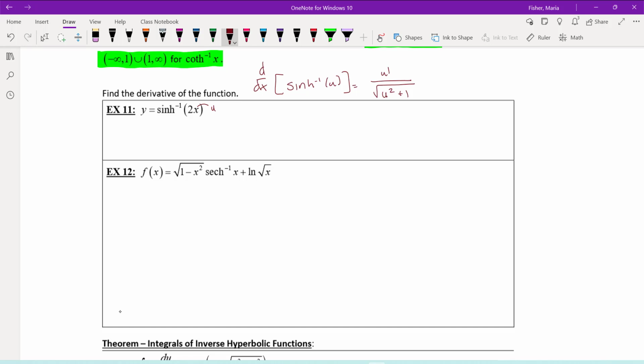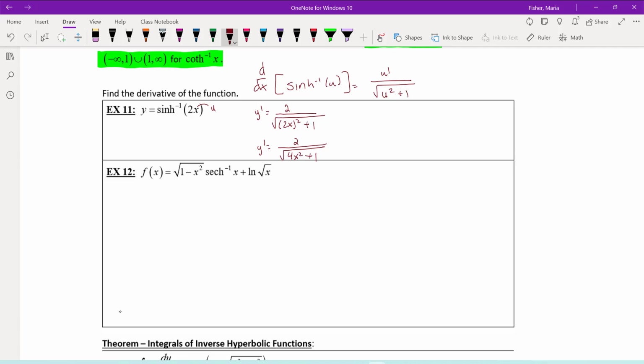Following that formula, knowing that our u is 2x, we get that y prime is equal to the derivative of 2x, which is 2, divided by the square root of 2x squared, or u squared, plus 1. Cleaning that up, we'd get that y prime is 2 over the square root of 4x squared plus 1.